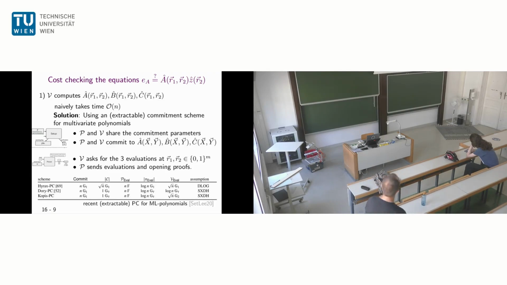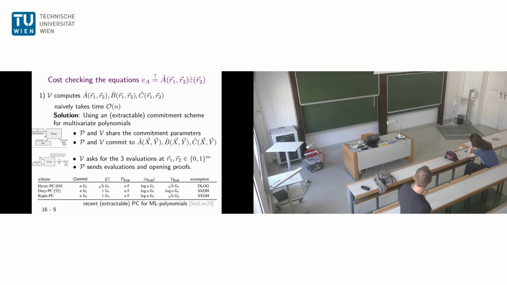Okay? And here, this is just to give you an idea. Those extractable multilinear polynomial commitment schemes exist. These are the most efficient ones in the literature currently. But since demand is increasing, you're going to see a lot of improvement there. But they are already very, very good.